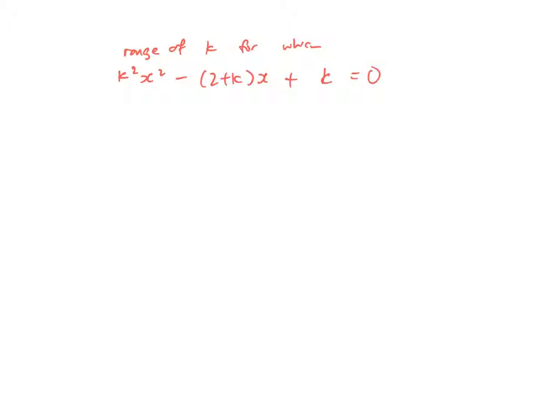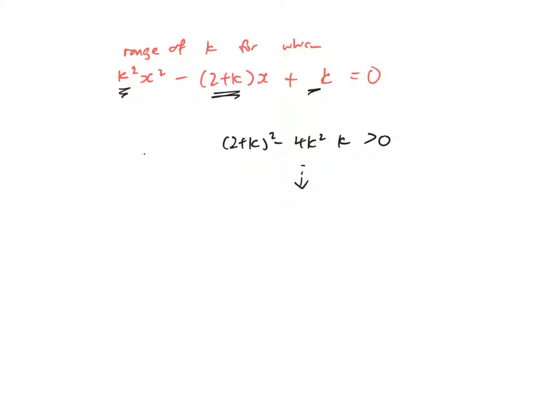A lot of times you use the discriminant to form a quadratic inequality, (2 plus k) squared minus 4k squared is more than 0, since we are talking about real and distinct roots. If you were to solve this, you're going to end up solving a quadratic inequality. I tell you, you must always remember to draw the graph, happy or sad face. So an important concept is that you must also know what a quadratic inequality is.